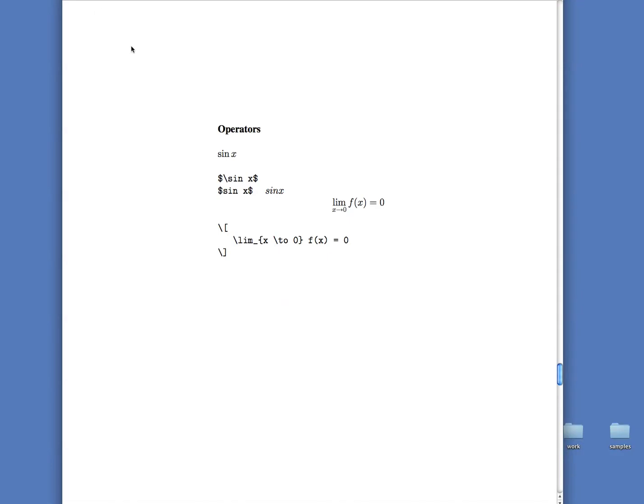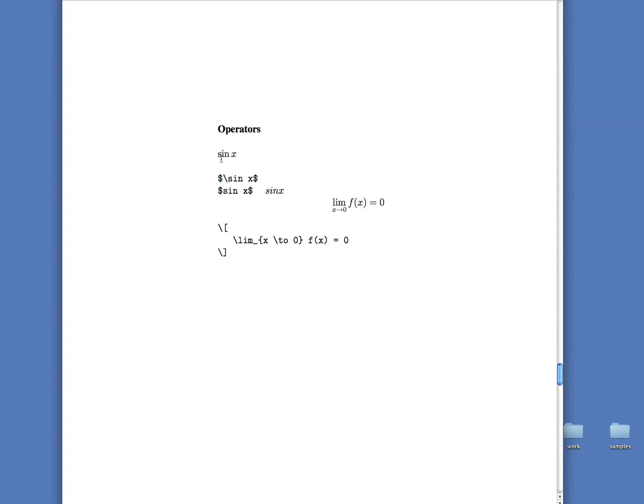Operators, that's probably LaTeX terminology in mathematics. We don't use it. Operators are really names of functions. 2 typical examples would be sin and lim. Note that if you just type sin(x) for sin x, you will get this, which looks like the product of 4 variables, s, i, n and x.